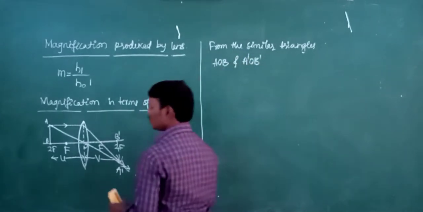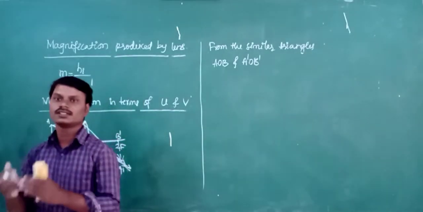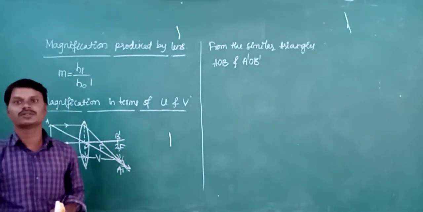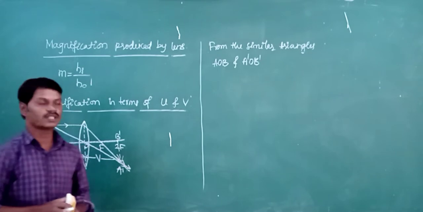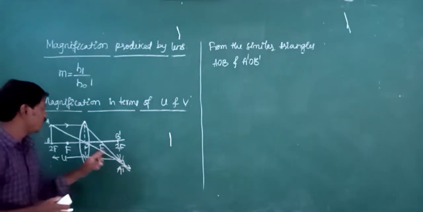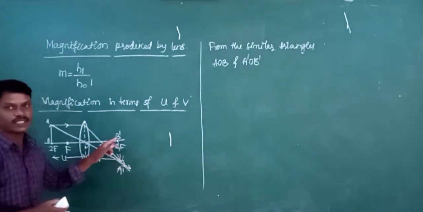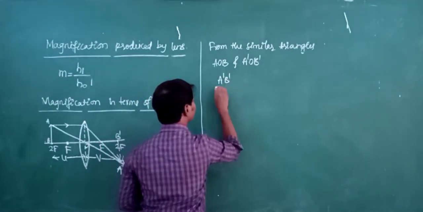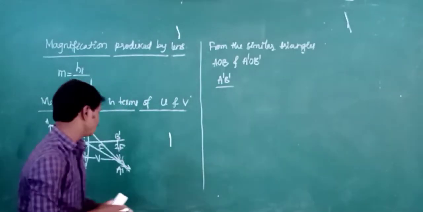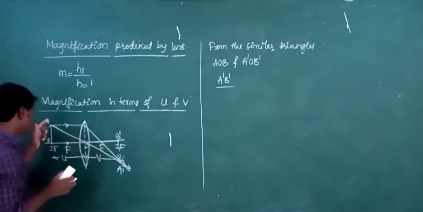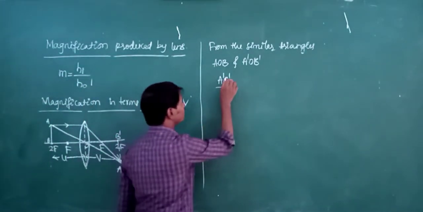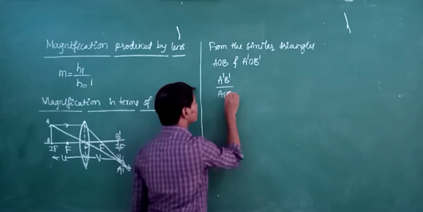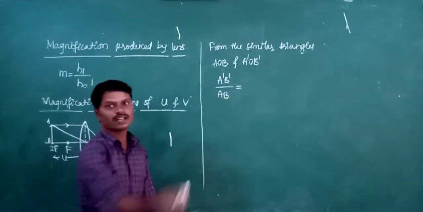If the triangles are similar, we take the vertical side ratio equal to the horizontal side ratio. What is the vertical side of A dash O B dash? That is A dash B dash, divided by the vertical side of AOB, that is AB. A dash B dash divided by AB is equal to the ratio of horizontal sides.